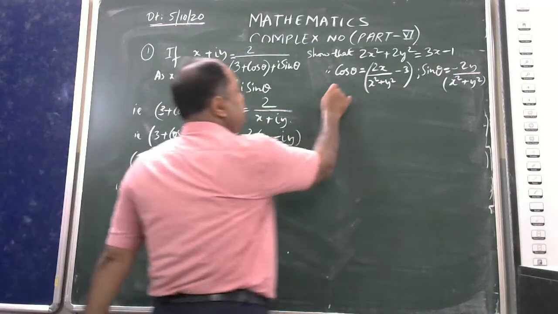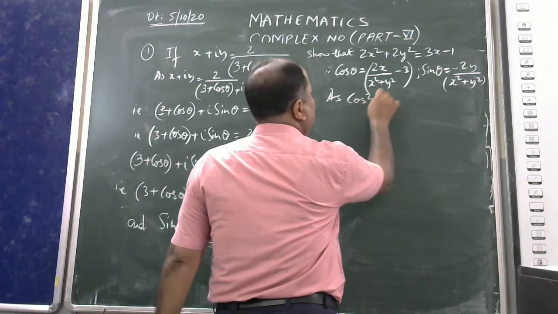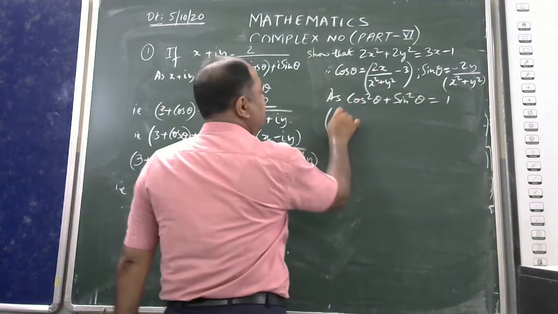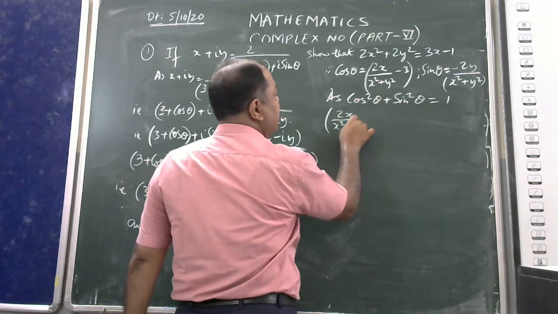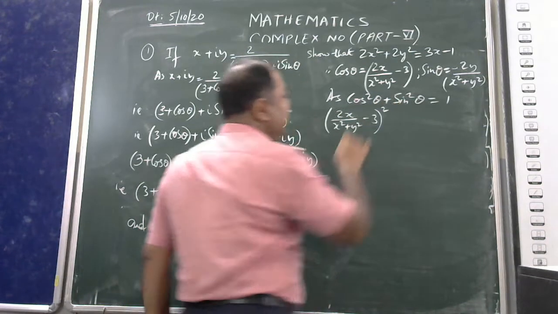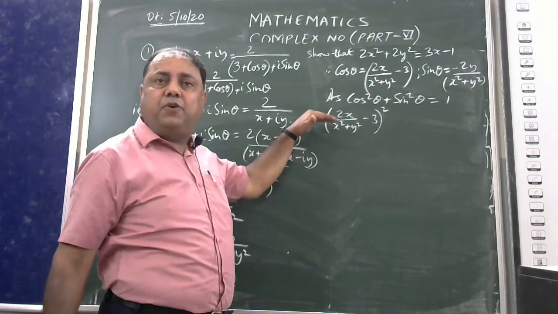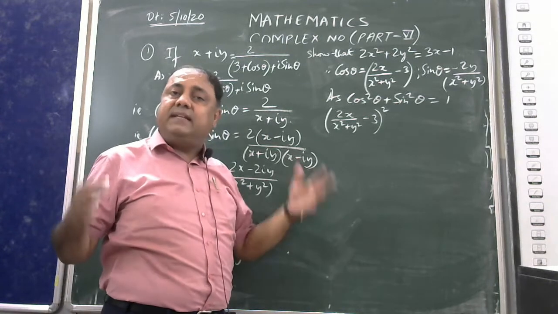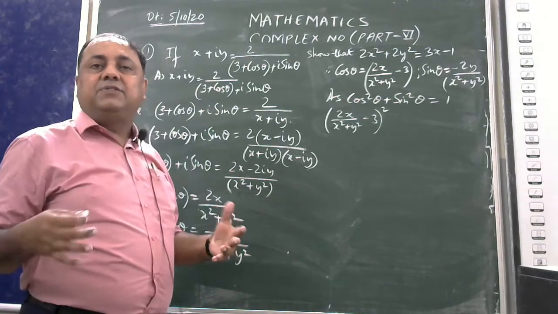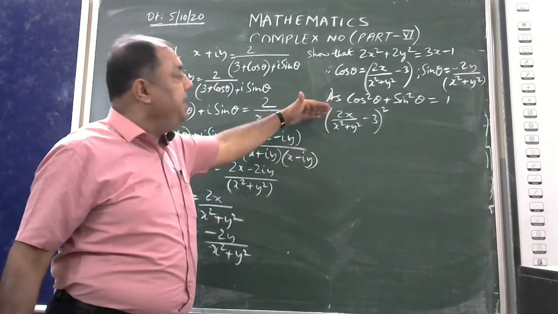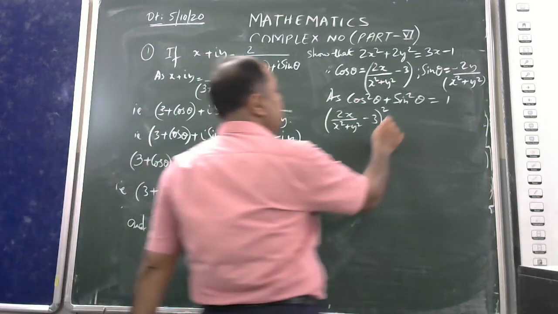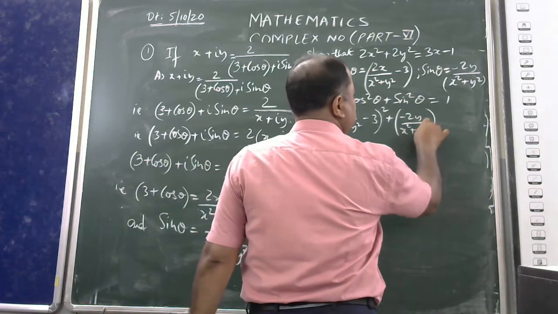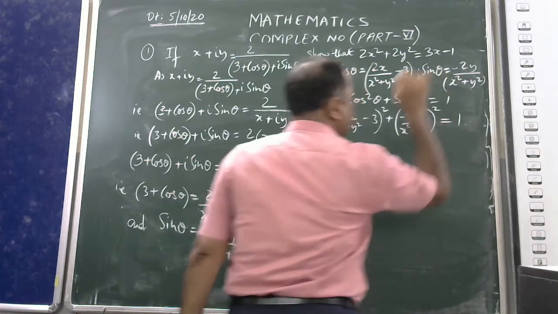Now, as cos squared theta plus sin squared theta is equal to 1, we get (2x by x squared plus y squared minus 3) squared. Do not take the LCM of this. Leave it in this particular form. If you multiply by 3, the problem will become huge, and that is where the confusion starts, so avoid that. Plus (minus 2y by x squared plus y squared) whole squared is equal to 1.